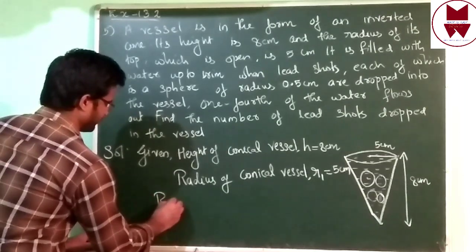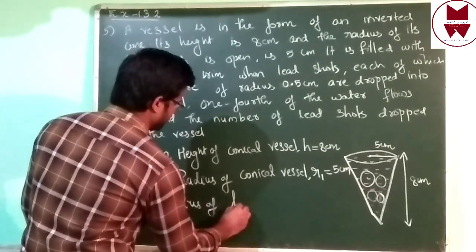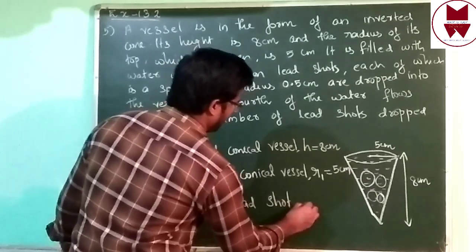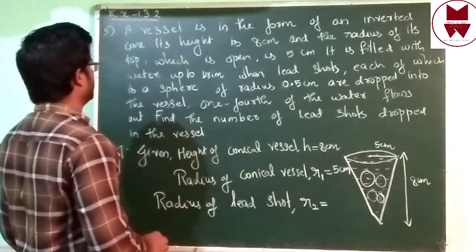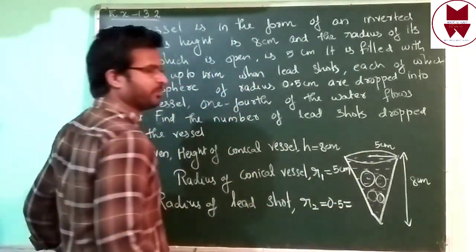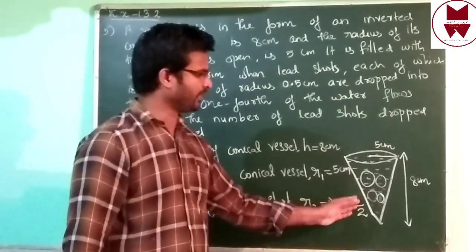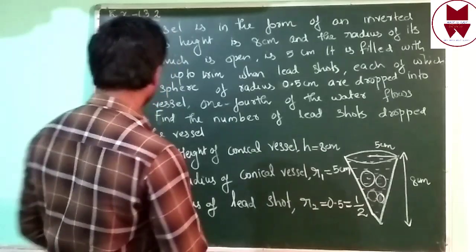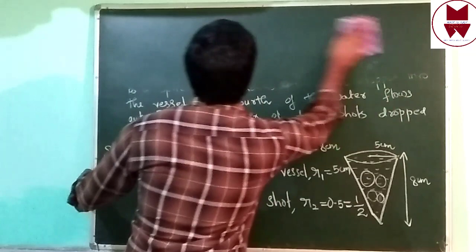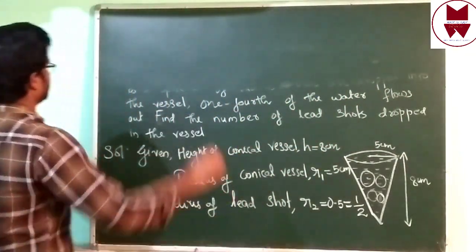Next, the radius of the lead shot, that is R2 equal to 0.5, already given. This 0.5 we can write as 1 divided by 2. Then our question: find the number of lead shots.